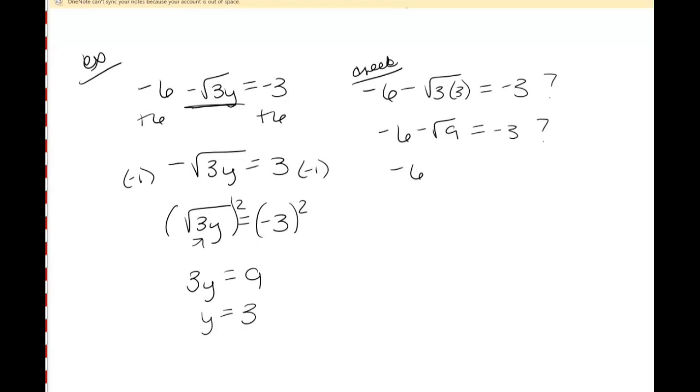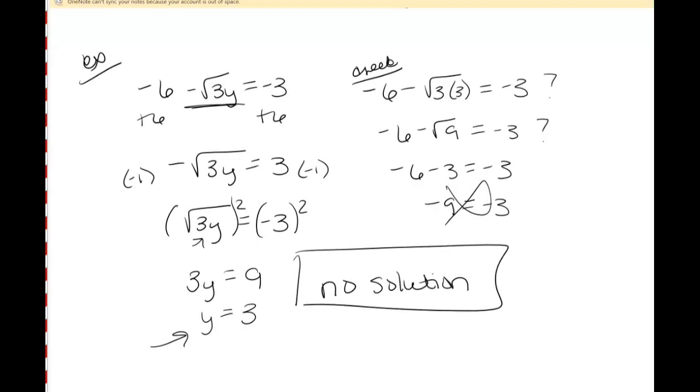Well, the square root of 9 is 3, but now I get negative 9 equals negative 3. That's impossible. So even though mathematically we arrived at this number, the answer is no solution. And that's why we have to check our work when we're dealing with radicals.